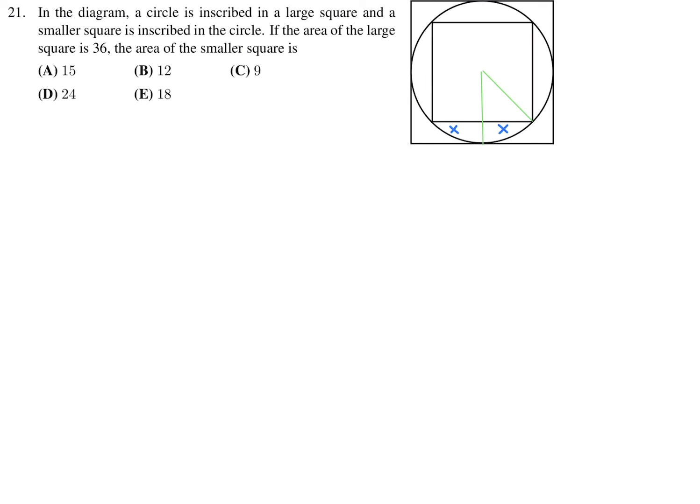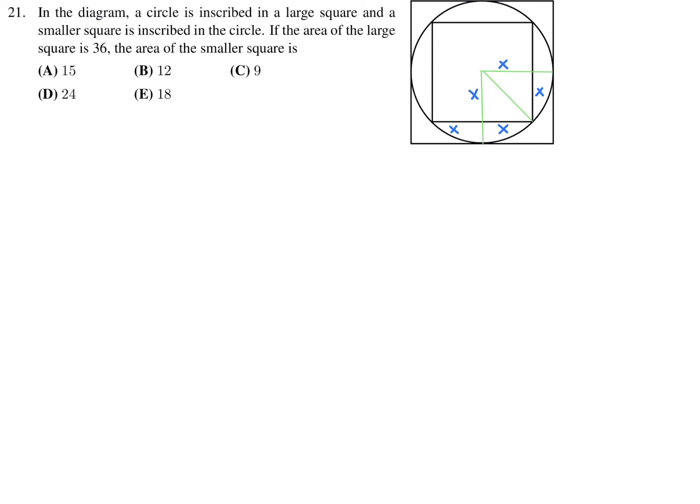And in a very similar way, if you were to draw another line that goes across like that, that would also create a value of x for this distance right here. And very similarly, that's x, and this is x. We just created a box or a square with x's all around.